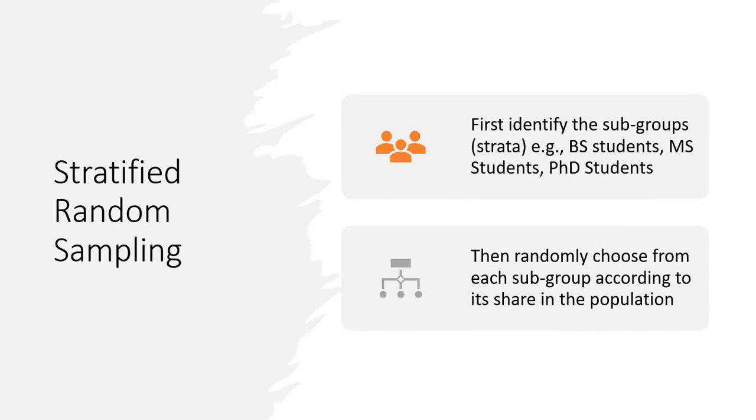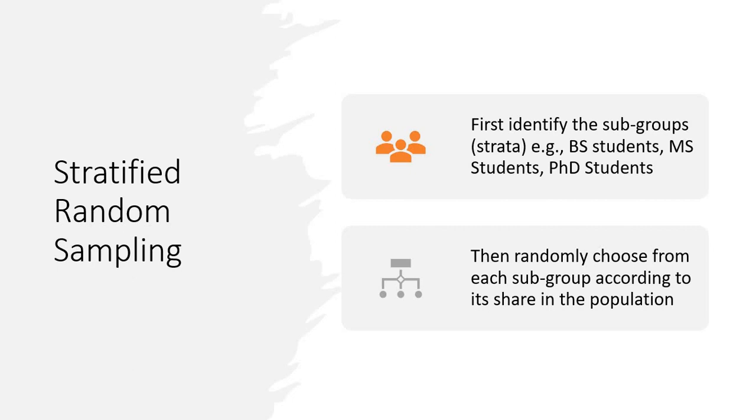Another approach is stratified random sampling. In stratified random sampling, we first identify the subgroups, which we call strata. For example, we might decide that BS or undergraduate students and MS students and PhD students have different kinds of problems. So we should try to ensure their representation in our sample.